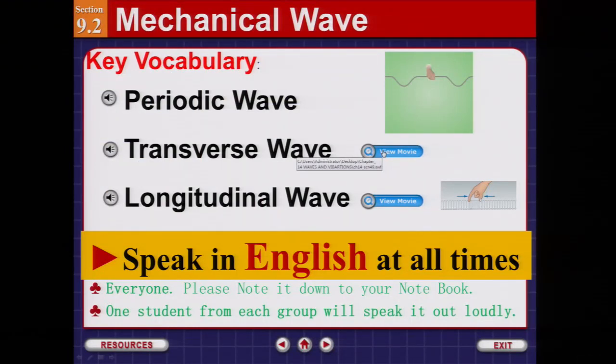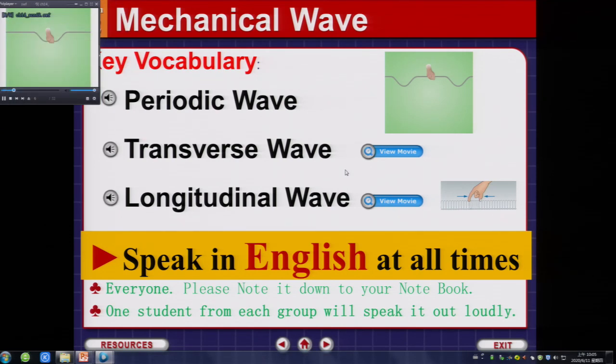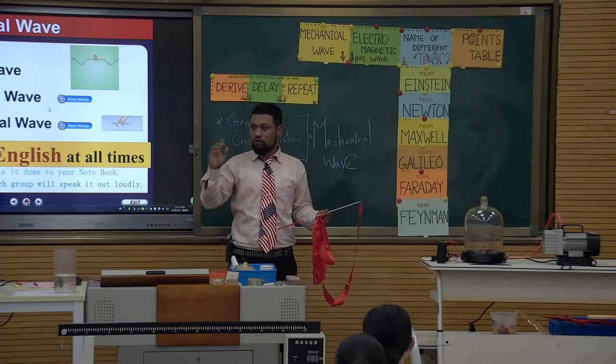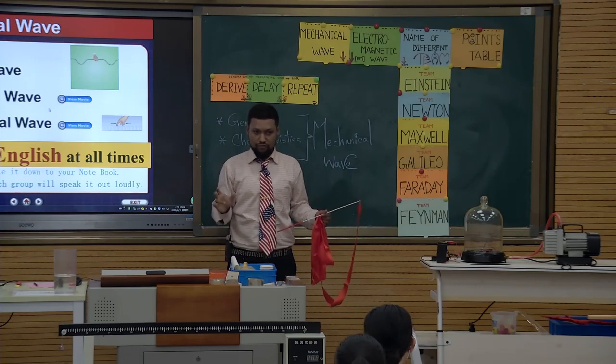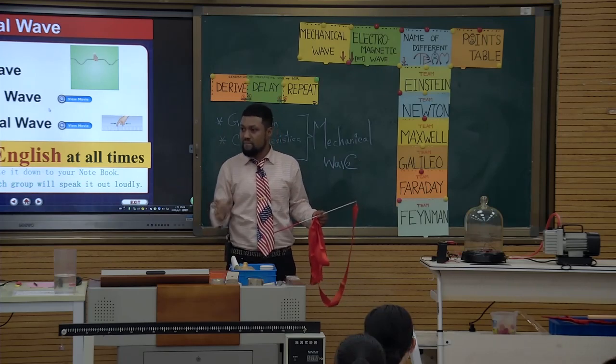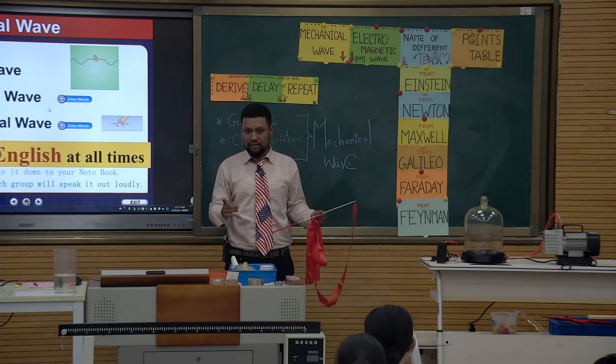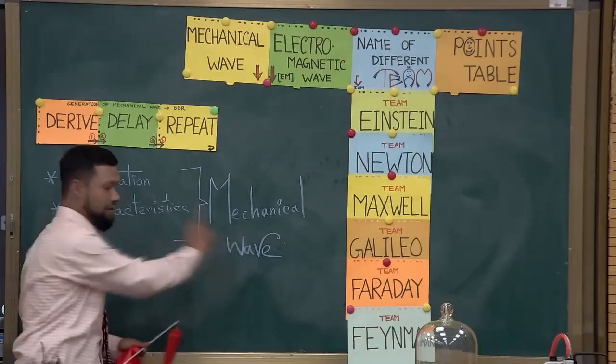So transverse wave, longitudinal wave, periodic wave, all these waves have a common thing: they need a medium to travel. Whenever you experience any wave which needs a medium to travel, we will say that it is a mechanical wave.